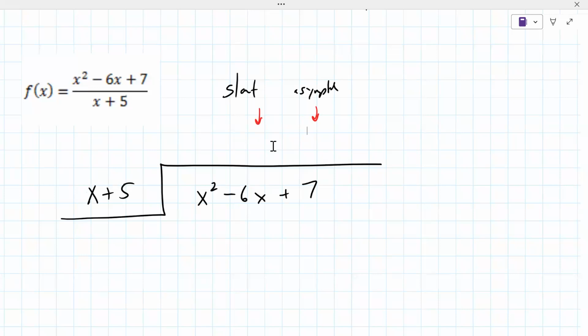So do you start by putting x up top and then get 1x plus 7?